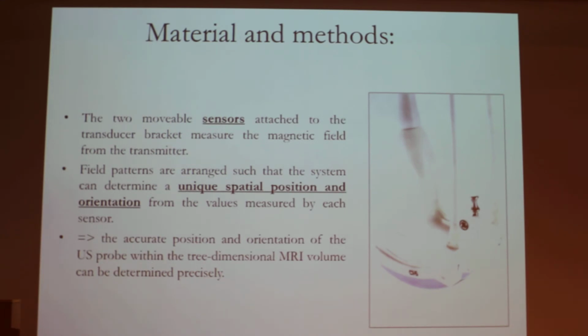The electromagnetic transmitter will create a field with field patterns that are arranged such that the system can determine a unique spatial position and orientation of the probe using the two sensors that are attached to the probe. Is that clear?